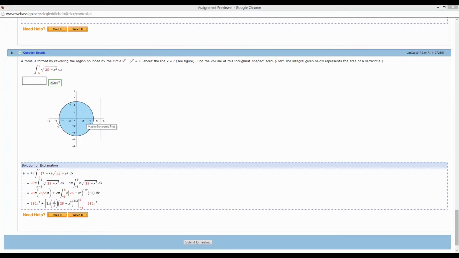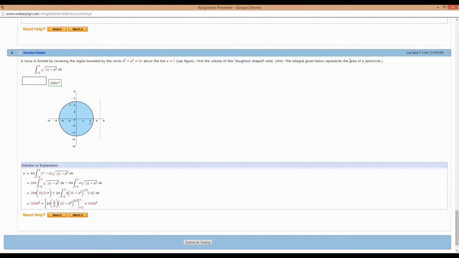I guess a cross-section will kind of look like a donut. The integral given below represents the area of a semicircle. So this right here, if we just use geometry, say we have a radius of 5, and we want to know this area, that's pi r squared. So pi times the radius squared would give you the area of this entire figure.